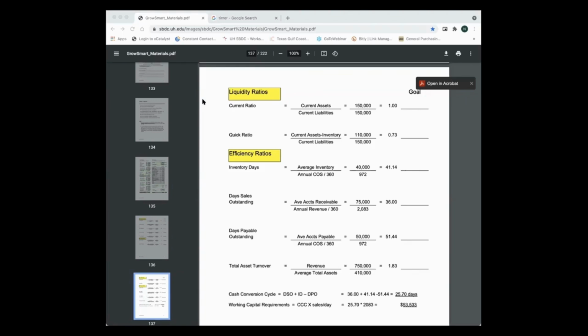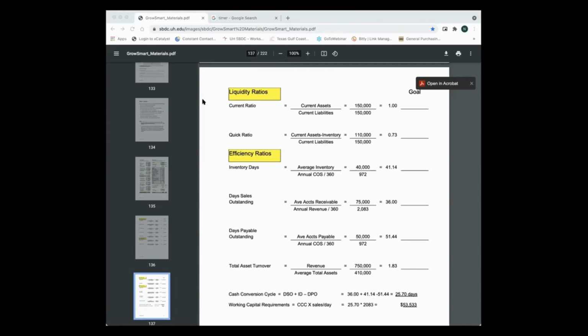So how would we judge this number? Well, let's see, what would be an example? A car dealership, this would be a great number because car dealerships turn their inventory maybe once or twice a year. A jewelry store, they turn their inventory maybe once or twice a year. So 41 days would be outstanding.